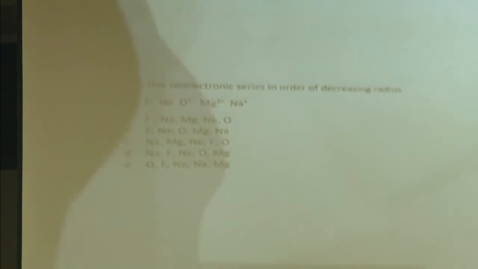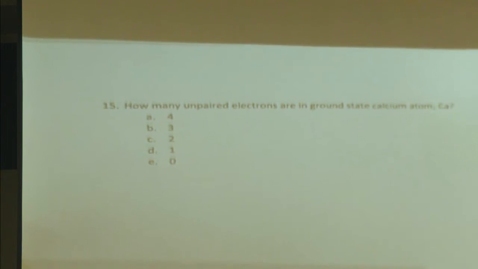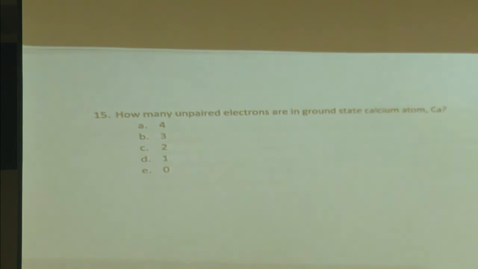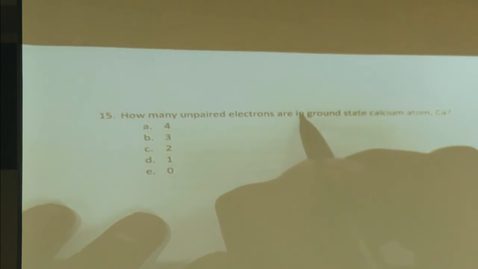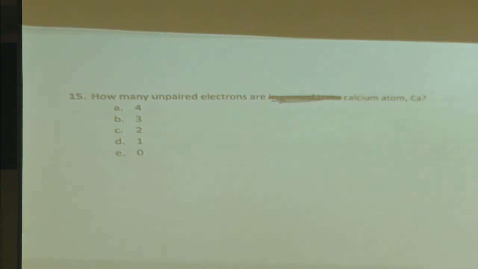Right. Speaking of isoelectronic, I want to skip this. It's really easy. I'm pretty much just crossing out everywhere it says ground state because we never talk about stuff like that.